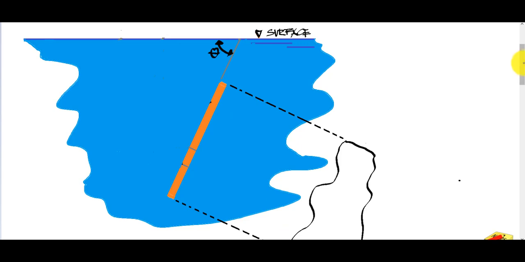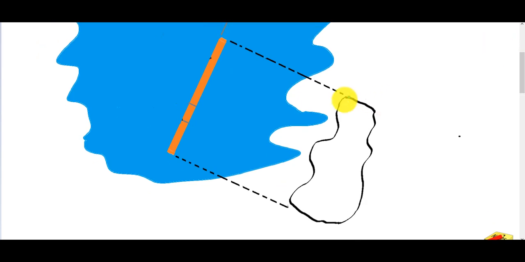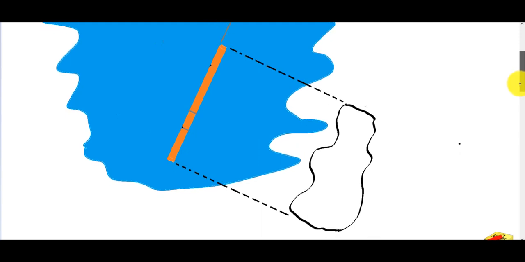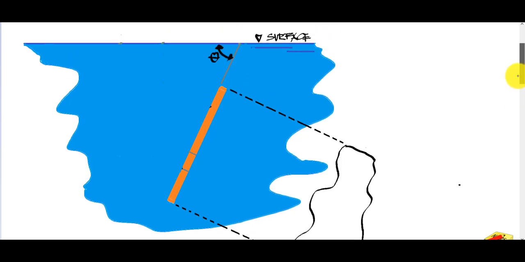Now I draw here the normal view of the object, so that is the surface area at this part. So when you look normal to the surface of this plate, you will see this irregular shape. So it's an arbitrary shape, so we do not know what type of object and what size of the object is being submerged in the fluid.